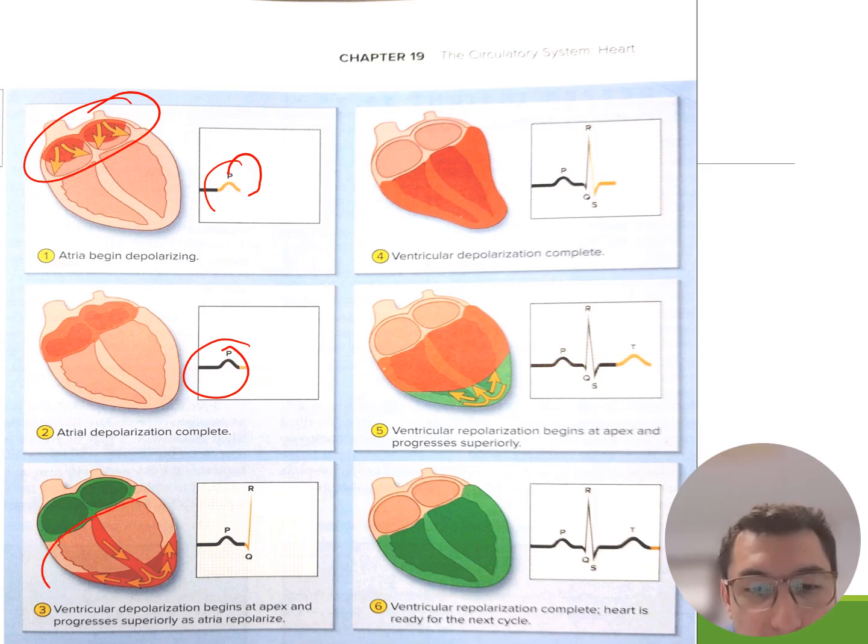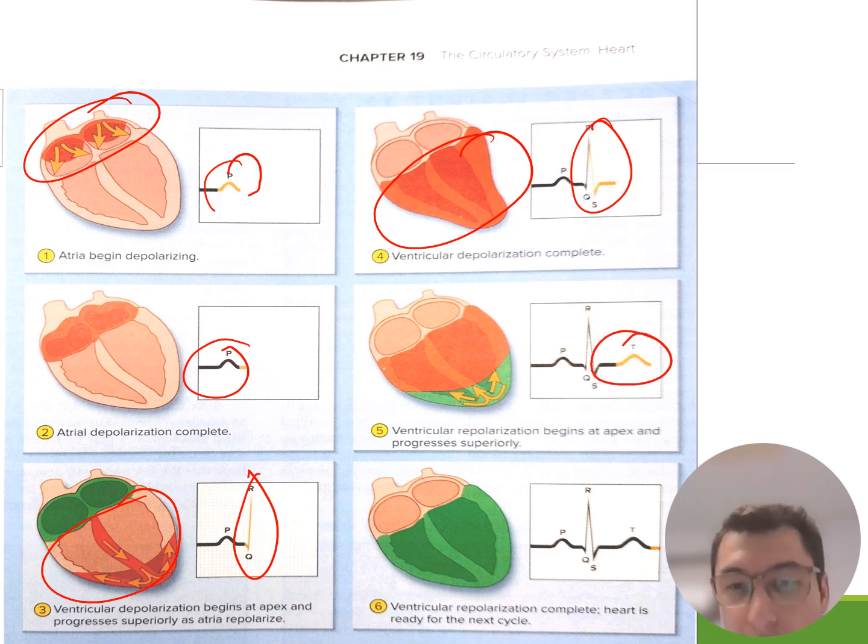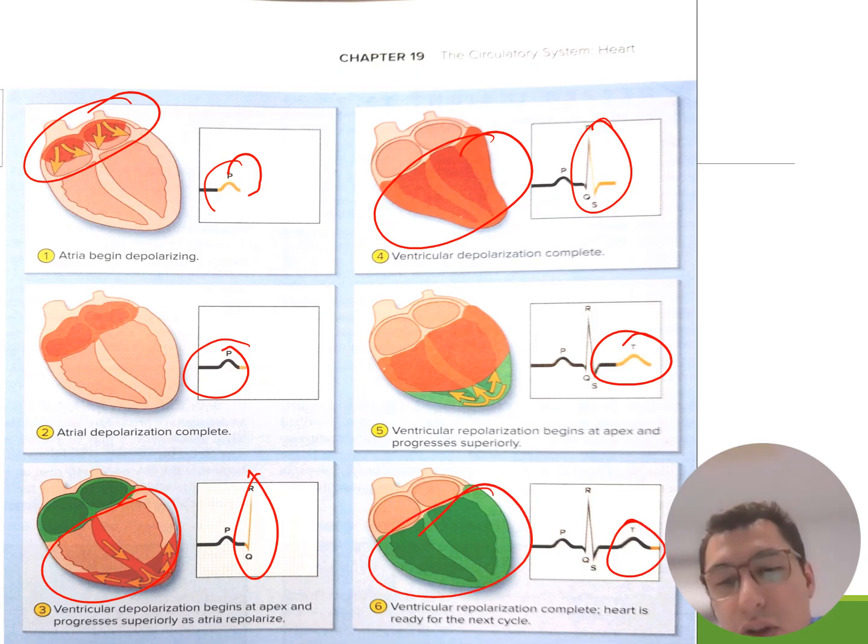Once we start atrial diastole, we're going to go into ventricular depolarization, and this is where we see the QRS complex. It is at the end of the QRS complex that your entire ventricles are contracted. We will start to relax your ventricles at the end with the T wave. And once it is finished, we're going to have complete relaxation of those ventricles.